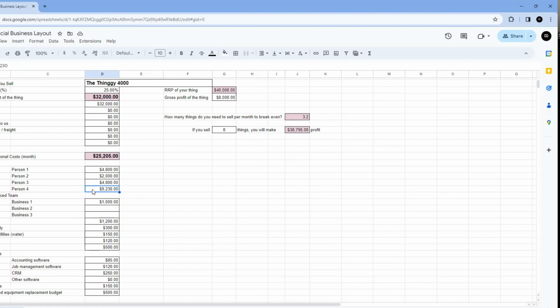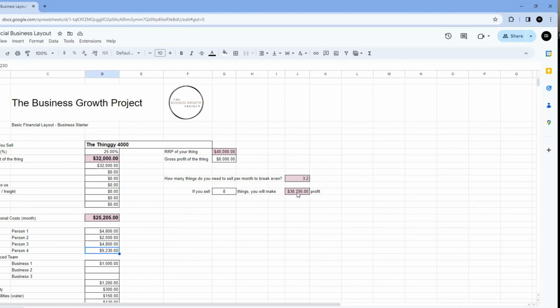So by having this calculator, it allows you to see what happens at that next stage. If my costs go from where they are now to what I'm planning over here, and I add these other things into it, what does that do to my budget? This is critical for knowing whether you have a business that is sustainable, because oftentimes what happens, if we go back to the start, we think, okay, it costs 32,000 to build the thing, and we're going to sell it for 40,000.